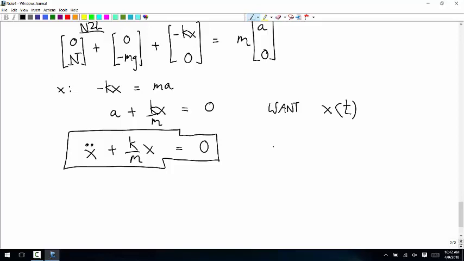So this is the main differential equation. We can generalize this.